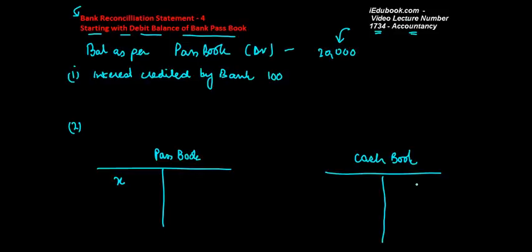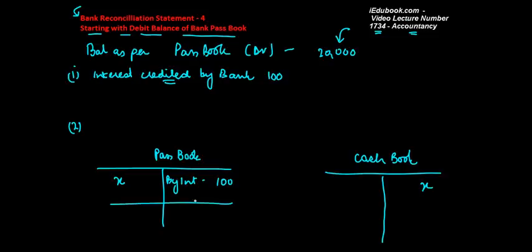Okay? And cash book can be positive or negative, but for the sake of consistency, let me take it as X. Now when the bank credited interest of rupees 100, it would have credited the account here by interest, right?